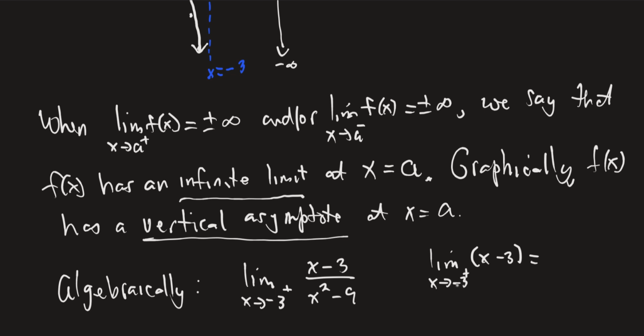Well, if we plug -3 in here, you're going to have -3 minus 3, so that's -6. That's not bad. But at the bottom, if I take the limit of the denominator, so -3 plus, and the denominator is x squared minus 9.